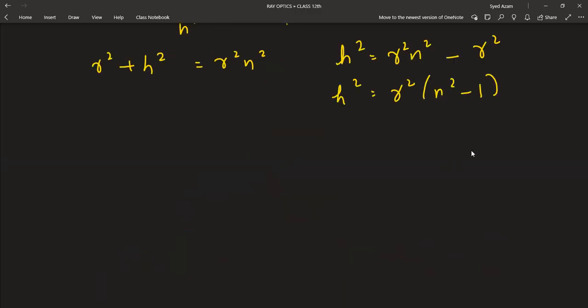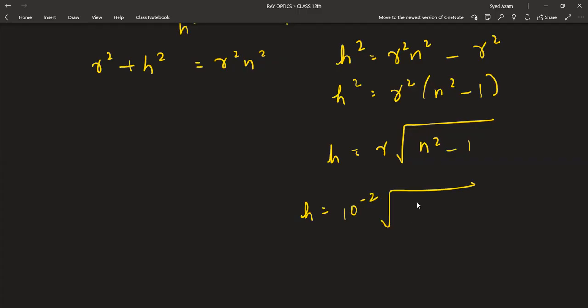Now what will be the height? It will be the root of it. So r square can be written as r, but this will be under root n square minus 1. Now we know the radius also, and the refractive index also. So this question is very easy now. r is 1 centimeter. Even if you write it in SI units, it will be 10 to the power minus 2. Refractive index is given as 5/3, whole square minus 1.